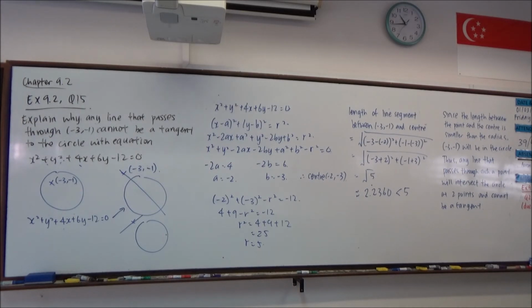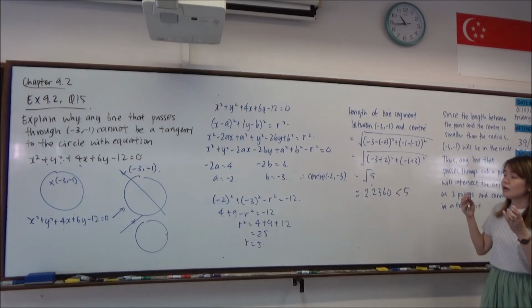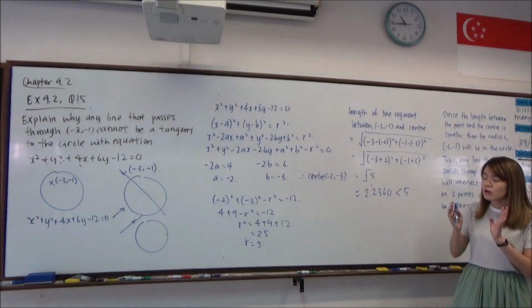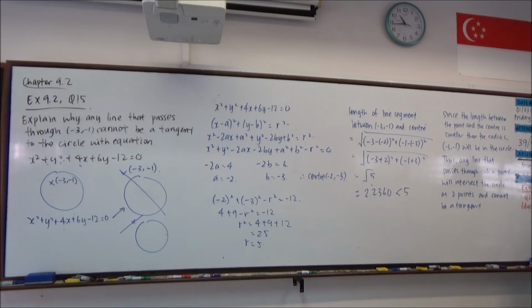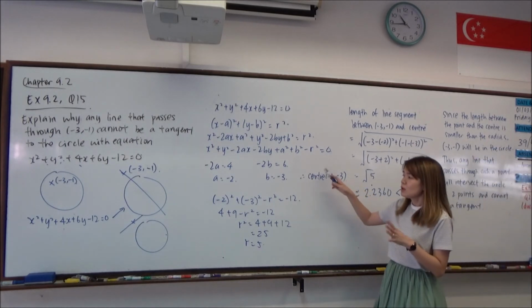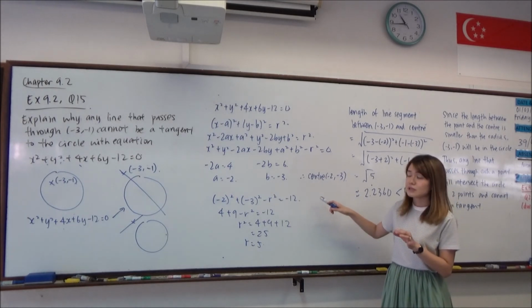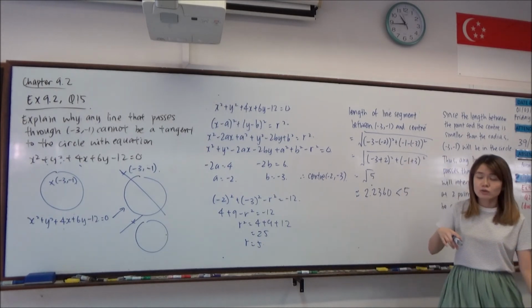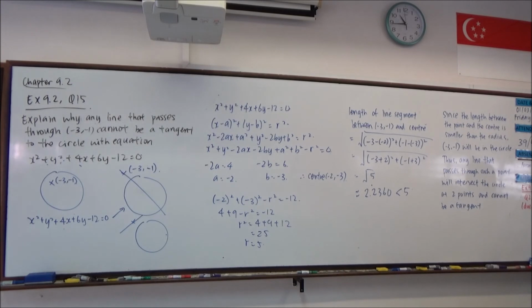This point -3, -1, we do not know whether it is inside the circle or outside the circle until we look at the length itself and cross compare it with the radius value. So using the equation of the circle, we find the center and also the radius. Then we look at the length of the line segment between that point and the center, so as to justify whether this point is inside or outside the circle.